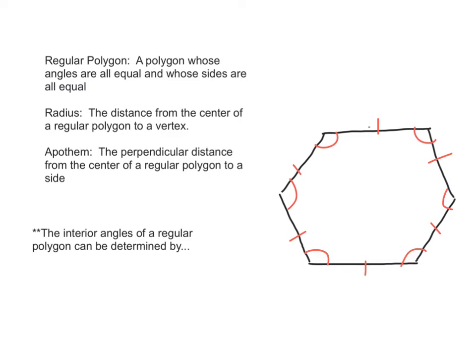Okay, now in a polygon we have a couple of definitions. One is radius, and you might think a radius was circle, which is true, but you can also call it a radius when it regards to a polygon, and that's the distance from the center of a regular polygon to the vertex. So for instance, if I say this point right here is the center, then that right there, let me draw this a little bit bigger. So I'll draw all the radii. There's a bunch of them.